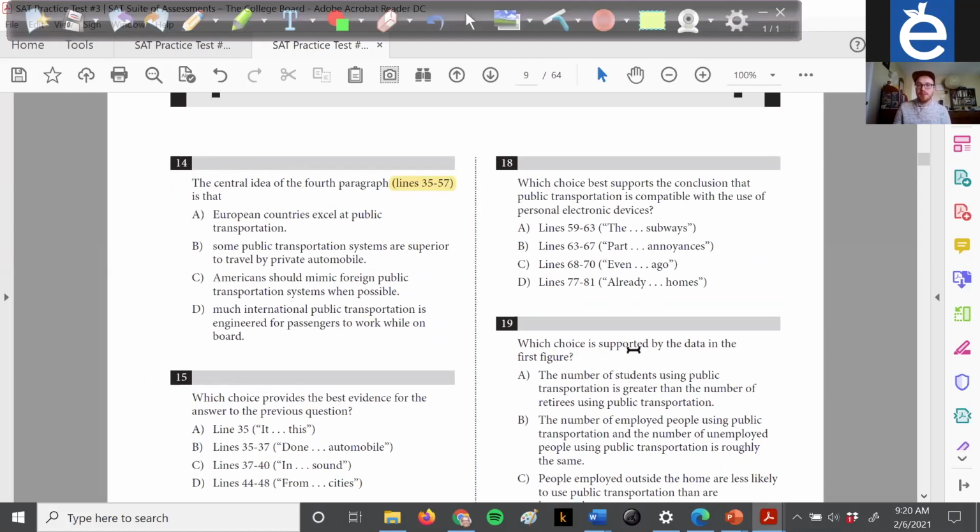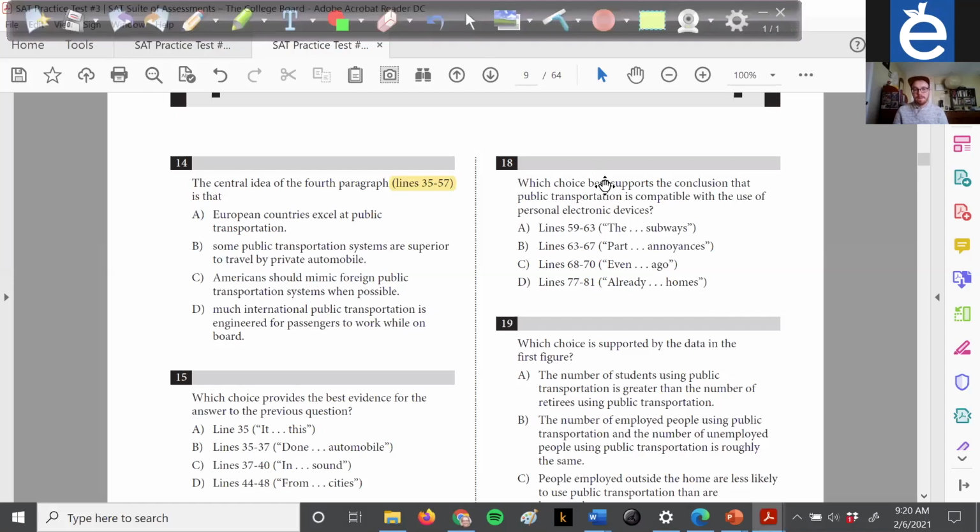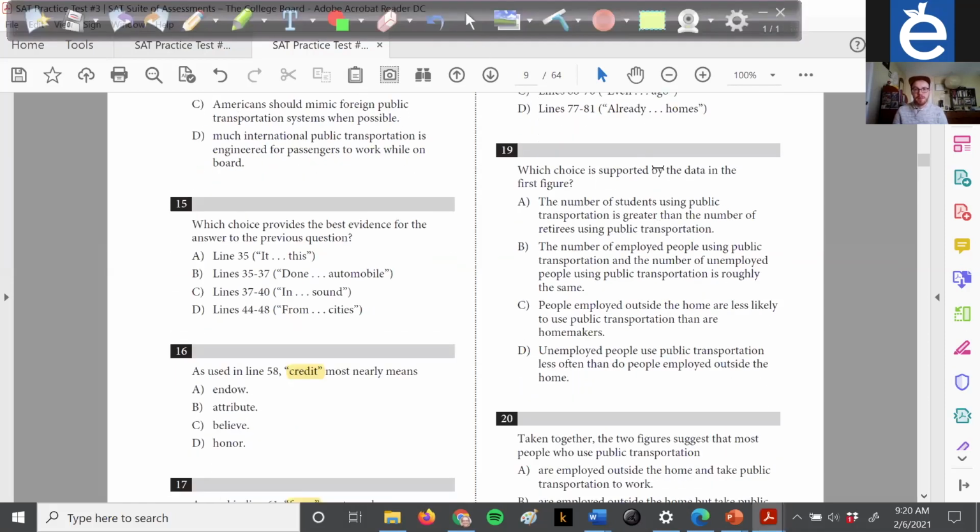Which choice best supports the conclusion that public transportation is compatible with the use of personal electronic devices? And the options we're given are all lines, specific parts of the passage. So that for sure is a line question, right? Now, I promise we get there.